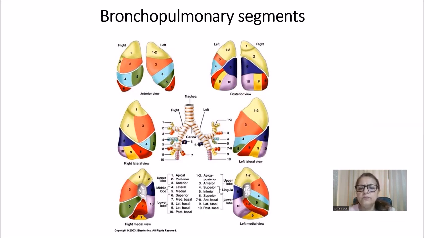On the left side, in the upper lobe, we have 4 segments. Towards the apex, we have one segment called apico-posterior, where 2 segments are joined together to form one. Then we have one anterior segment. Then the lingular area has superior and inferior segments.